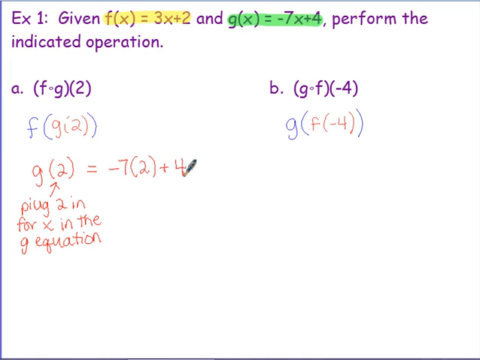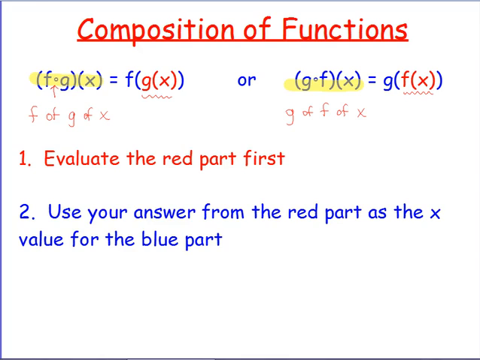Yes, you are more than welcome to put that straight in the calculator. You don't have to show me any work. You can do negative 7 times 2 plus 4, and you will get an answer of negative 10. That's step number 1, evaluate the red part. Step 2, which is your blue, you're going to use the answer we just got as the x value for the blue part.